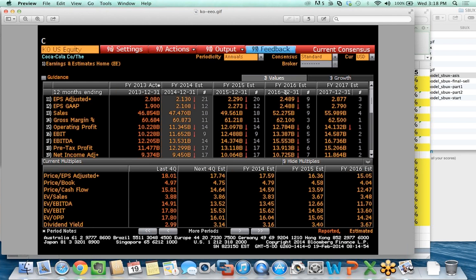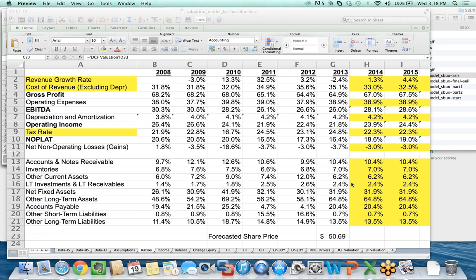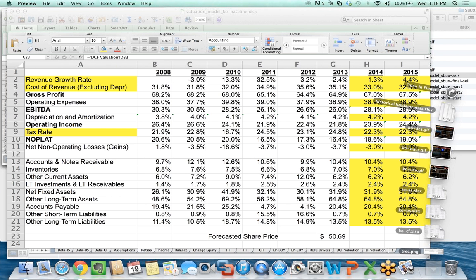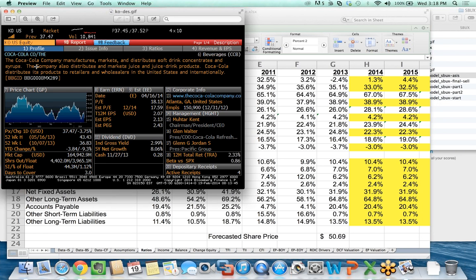So right now, I can actually see the stock price on the DES screen. So I go to my DES screenshot. I can see Coke is trading at around $38 a share. So I'm at 51. In the as is, the market doesn't expect Coke to grow or get the margins that they're currently doing in the future, because they're trading at 37 and I have them at a stock price of 51.